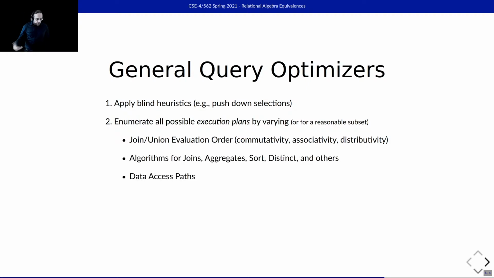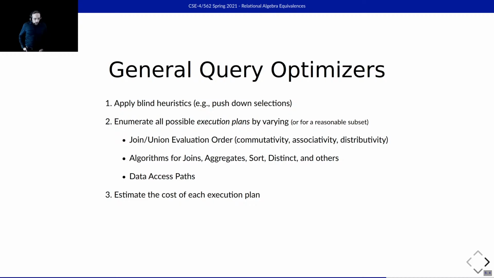There's also other optional things that we can look at. What kind of algorithms do we have for each operator? What kind of data structures do we have that we can leverage to answer the query more efficiently? And once it has those, it'll look at all of these plans that it's chosen to look at, and estimate how long each is going to take.